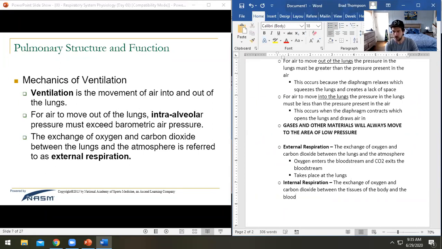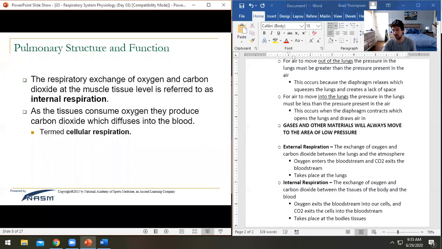Okay, and so that is going to be oxygen exits the bloodstream into our cells, and CO2 exits the cells into the bloodstream. Okay? This takes place at the body's tissues. And that is the difference between internal and external respiration. But they're both examples of the same exact thing, the process of driving air in these different directions, that is basically the same.